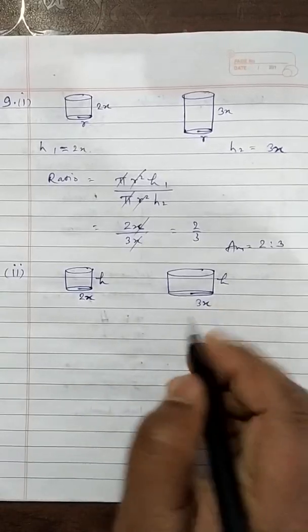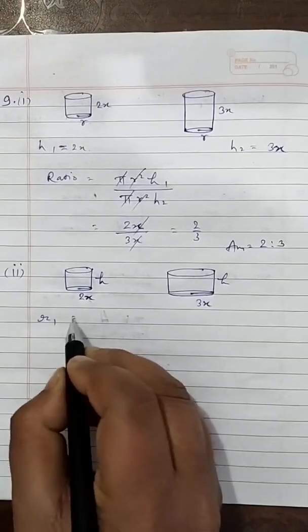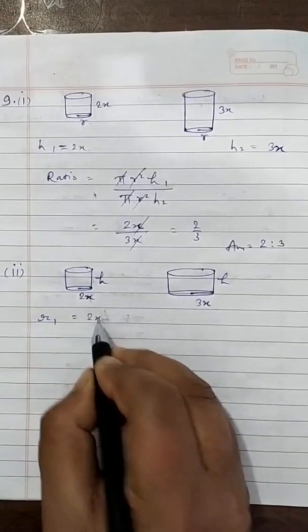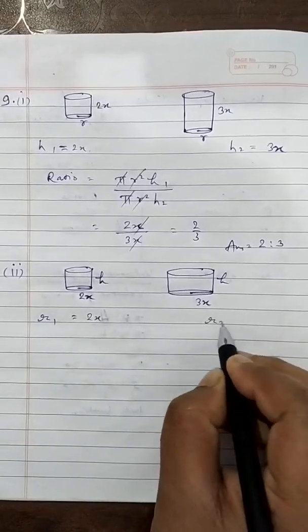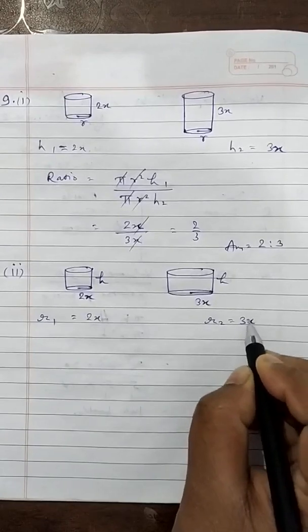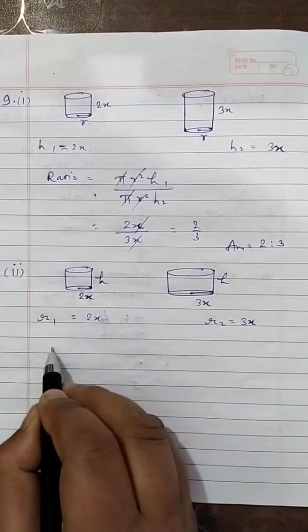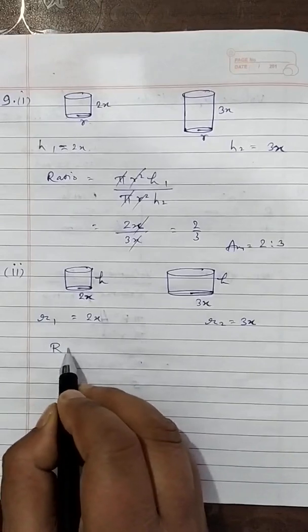This time the height is same. So R1, first radius is 2x, and for this R2, the radius is 3x. Now this time we have to find the ratio between the volumes of these two cylinders.